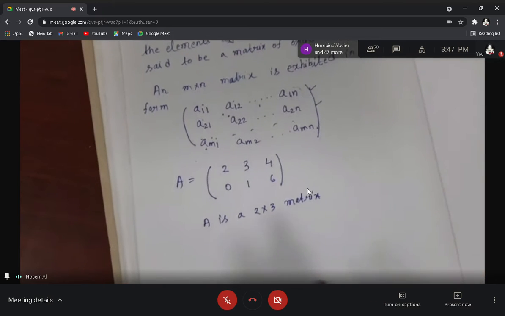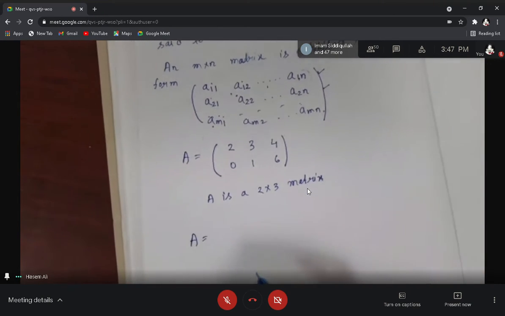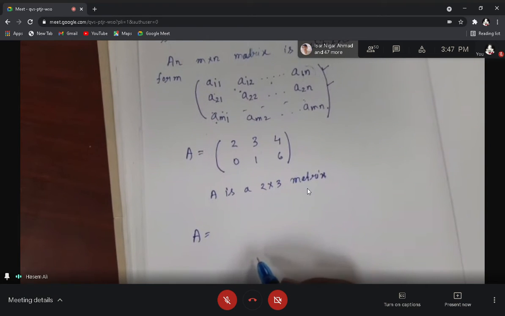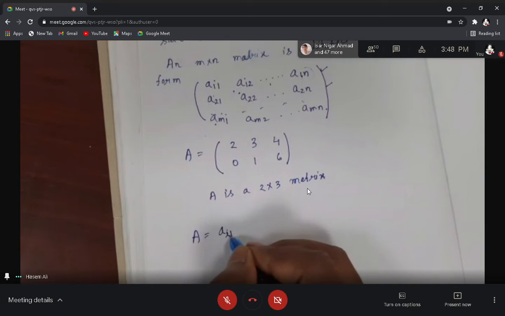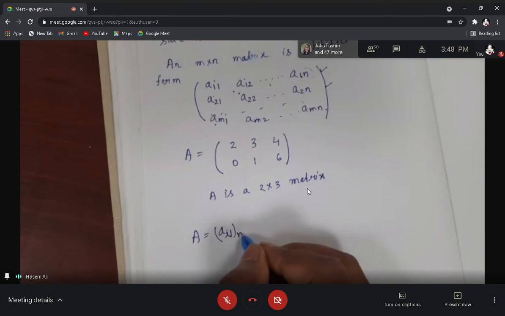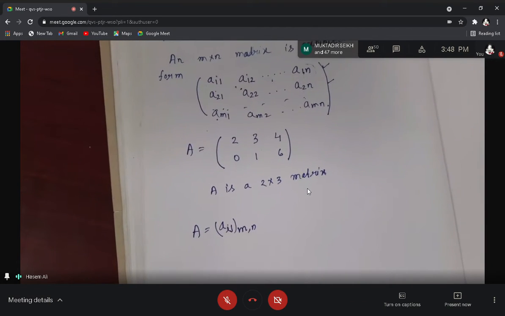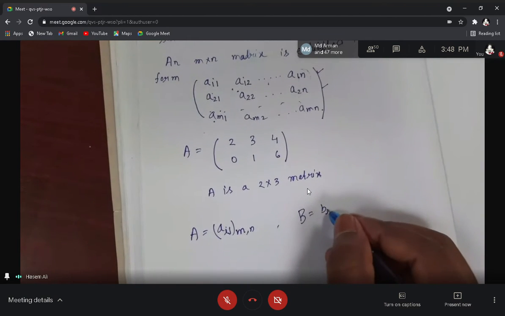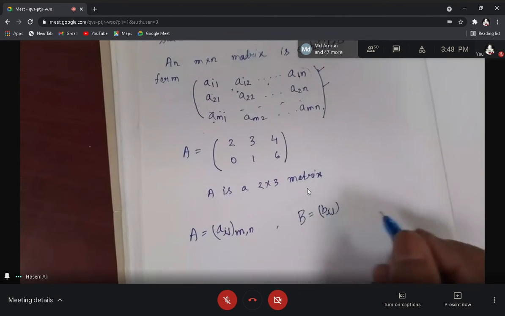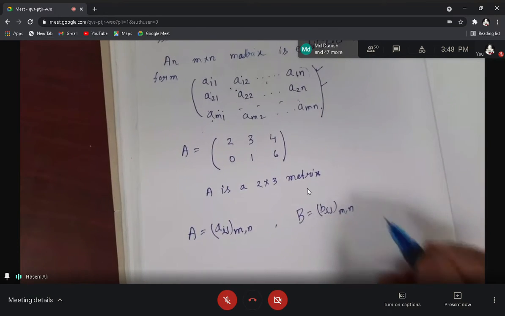In short form, a matrix A can be written as A equals Aij of order m comma n. That means A is the matrix of order m by n. And if we write a matrix B equals Bij of order, let this order also be m by n.